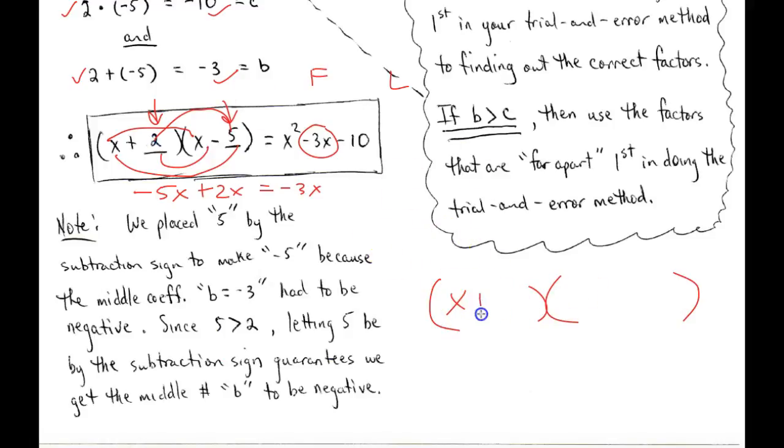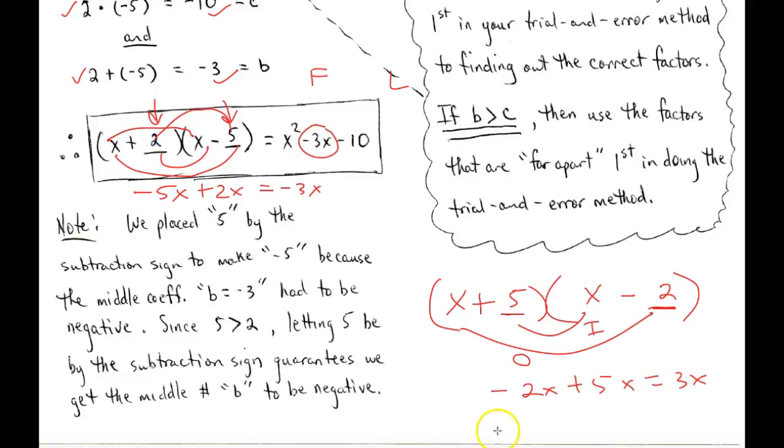So let's say we had x plus, x minus, and let's say instead of putting the 2 here and the 5 there, we put the 5 there and the 2 here. If we did that, if we multiplied all the outer and the inner of the FOIL method, we would have -2x plus 5x, which will give us a positive 3x.